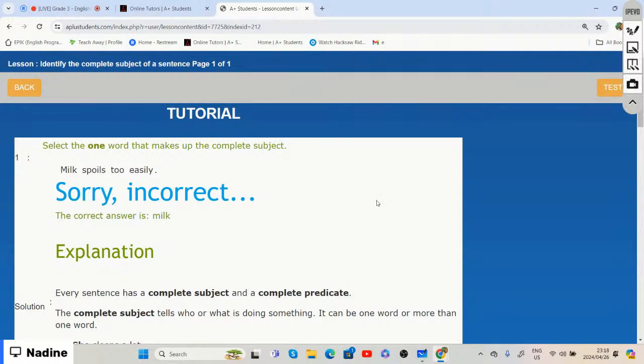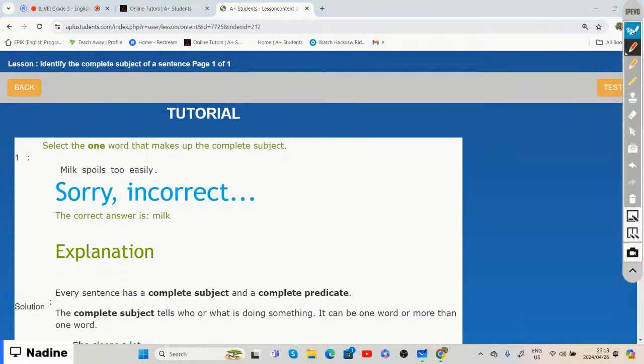All right, and if we were to identify the subject in that sentence that either tells us what or who is doing something, then we can say milk is our subject. So milk is our complete subject, right?